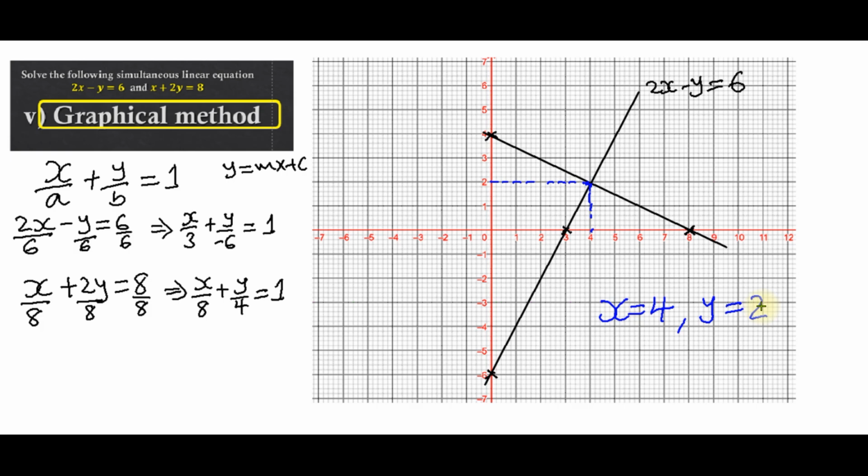So we have seen that using the five methods, we get the value of x as 4 and the value of y as 2. And that's how we solve simultaneous equations using the methods I've shown you in this particular video lesson.